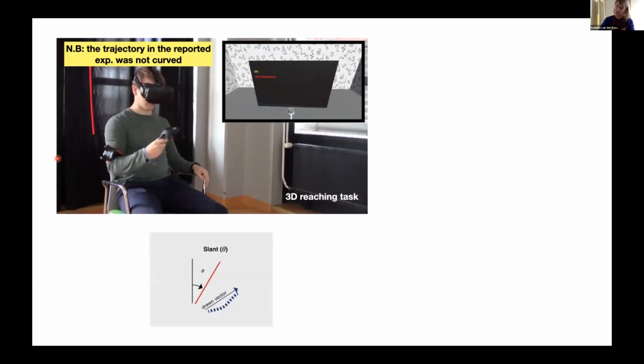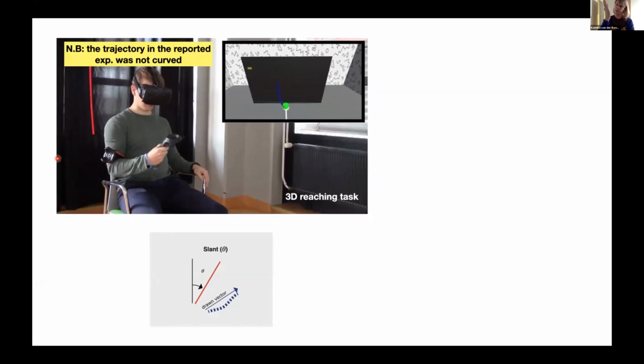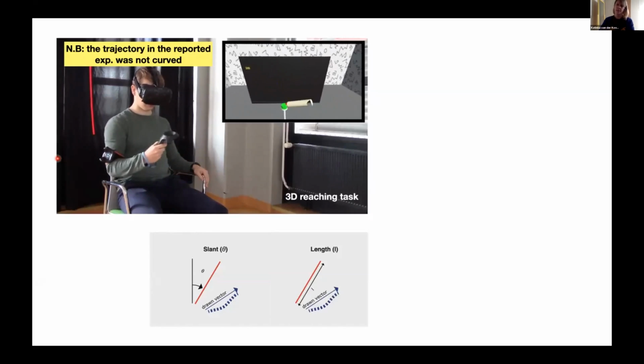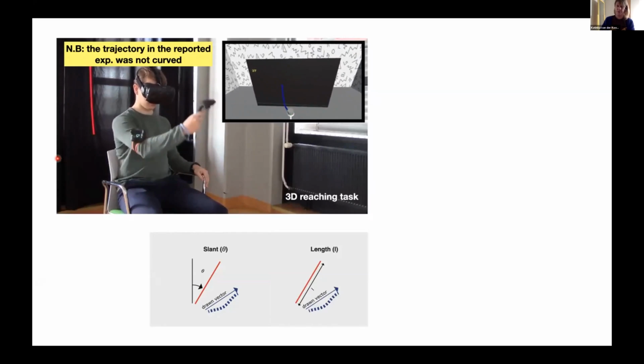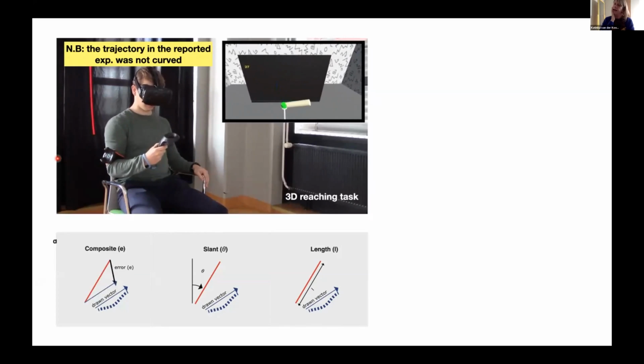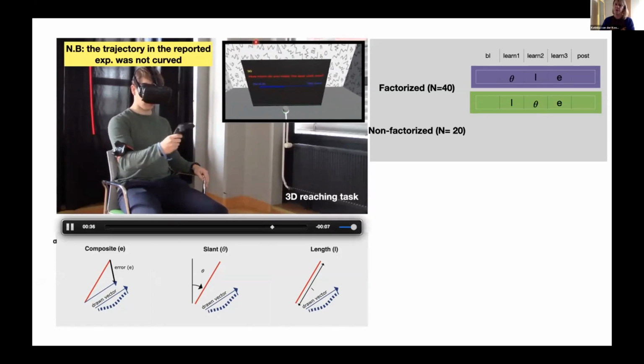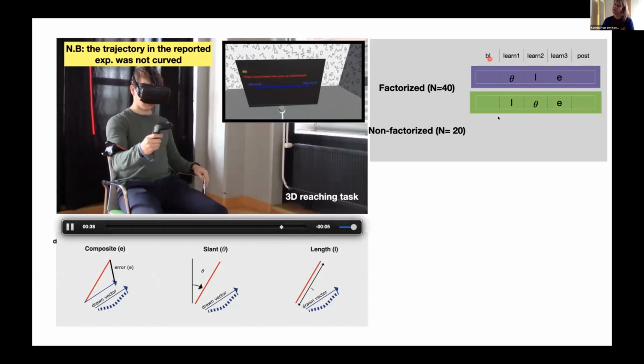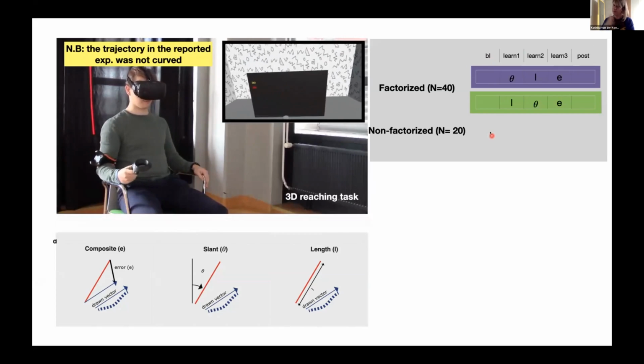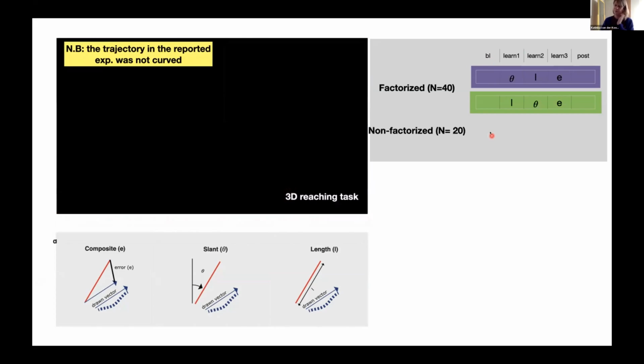We focused on two different factors, slant of the trajectory and also the length of the trajectory. And of course, there is the composite of these two factors. There are two factorized groups and one non-factorized group. There was always a baseline phase without feedback, and we also ended with a phase without feedback.